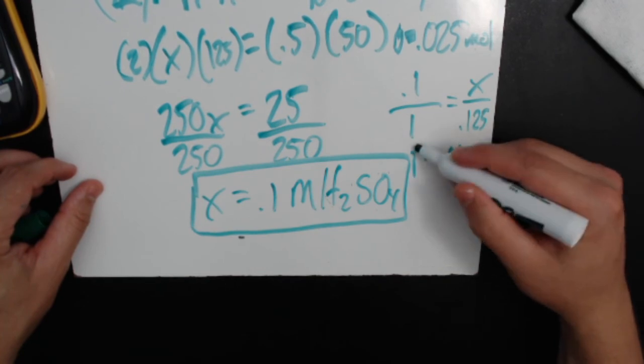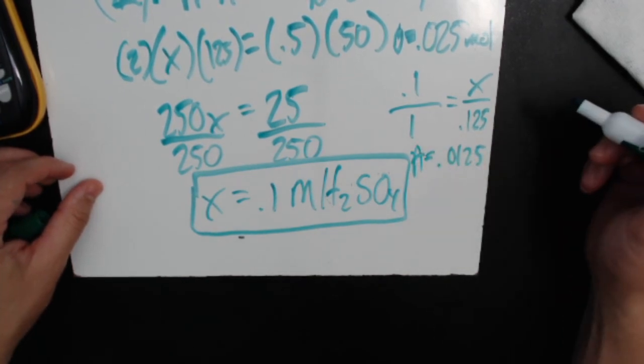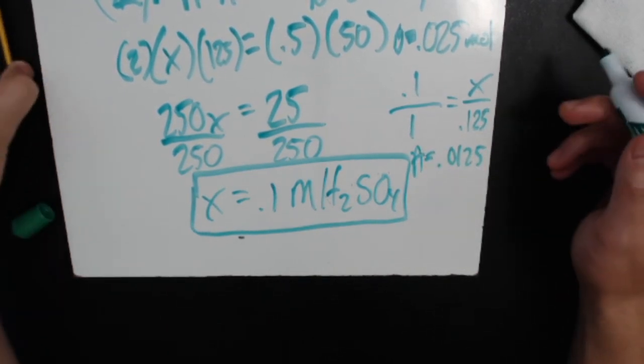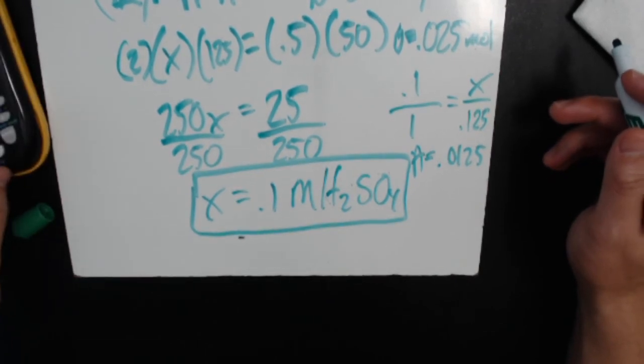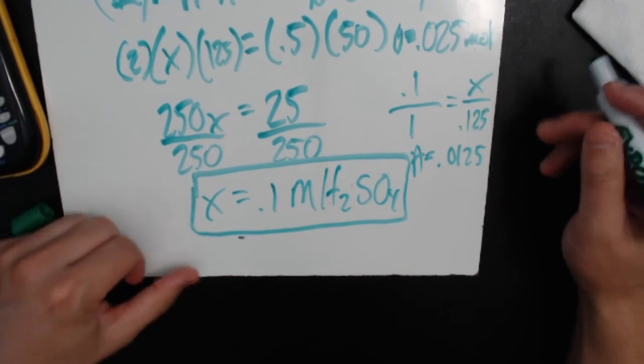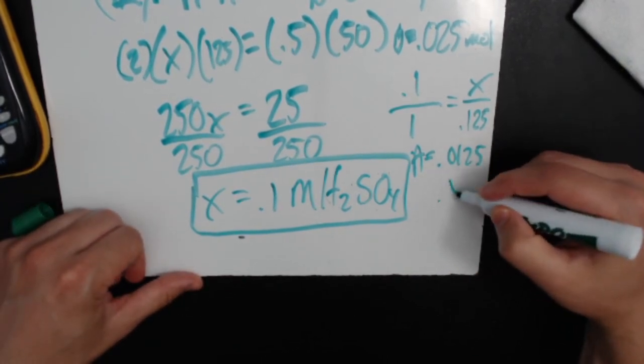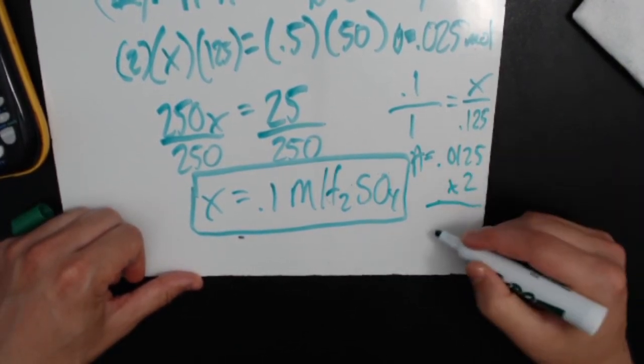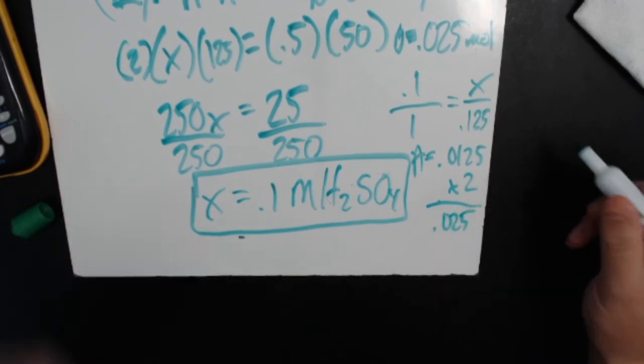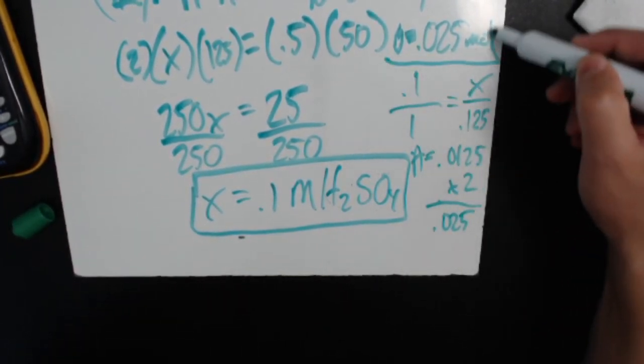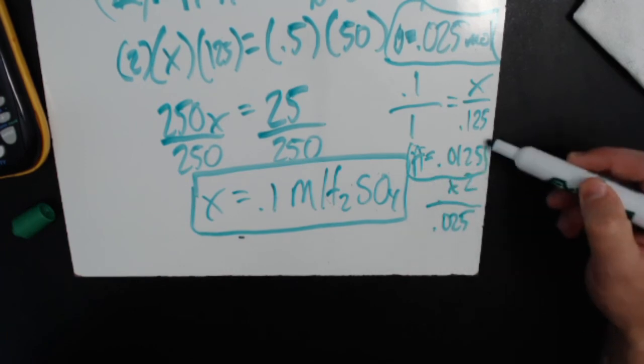So that's the number of moles of our acid. Well, guess what? 0.0125 times 2 is, you guessed it, 0.025. So we have double the amount of moles of our base than our acid.